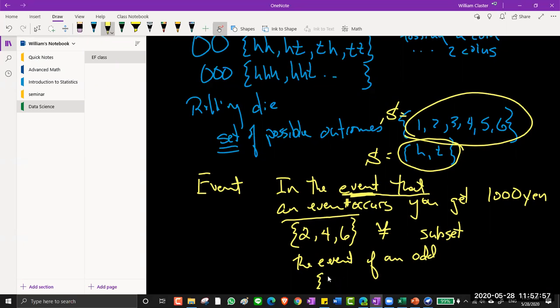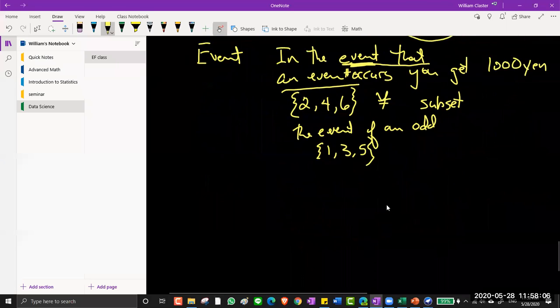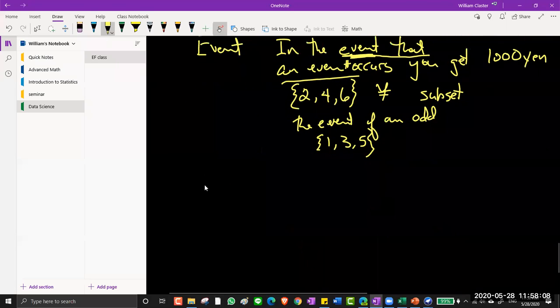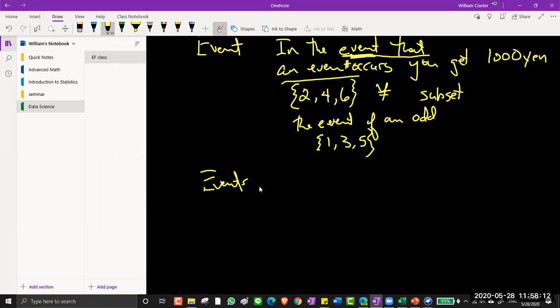So obviously it's this one, 1, 3, and 5. Okay, but the important thing here is to say that events are subsets of S. What do I mean by S? The sample space.